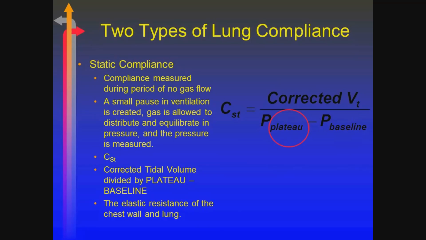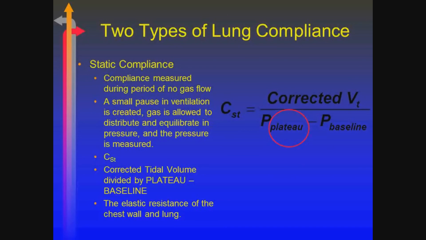We'll find out in a little while that when the ventilator delivers a breath, not all of the tidal volume that's coming out of the machine necessarily goes to the patient. Some of the volume is lost as the circuit distends. We call that compressible volume. We have to account for that compressible volume and take it into account.